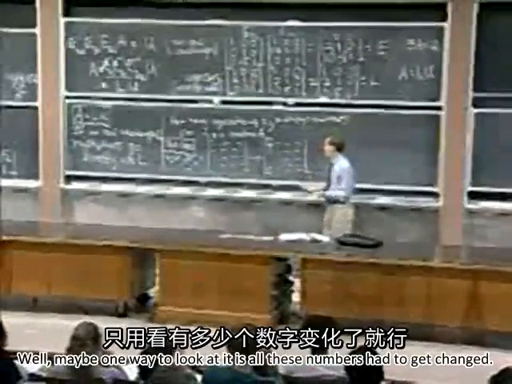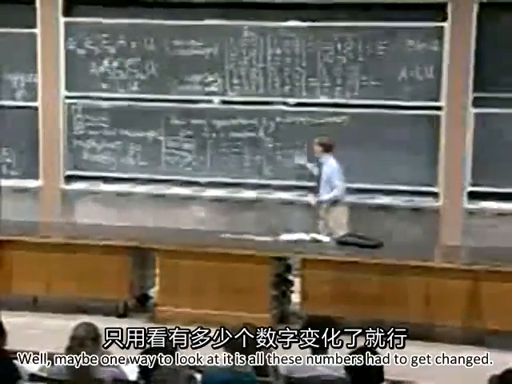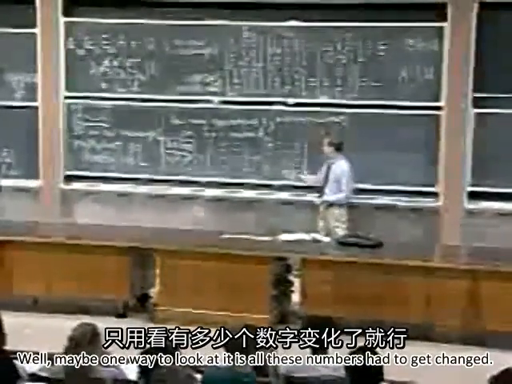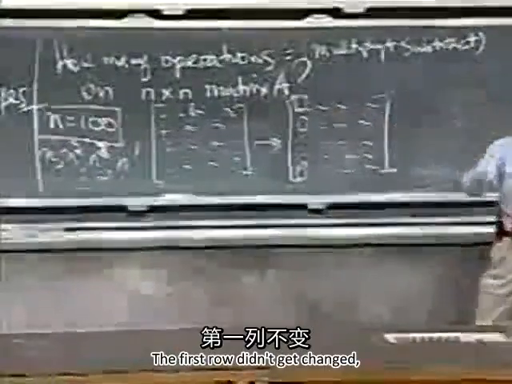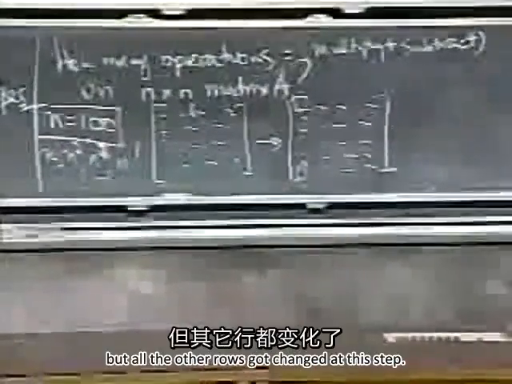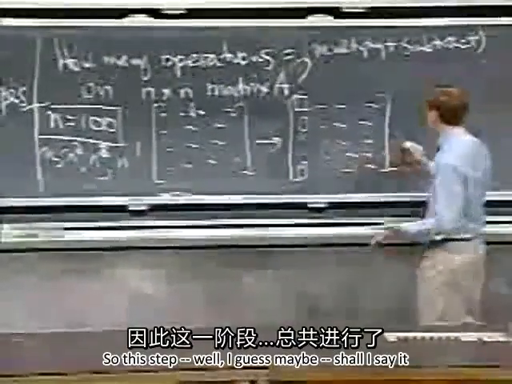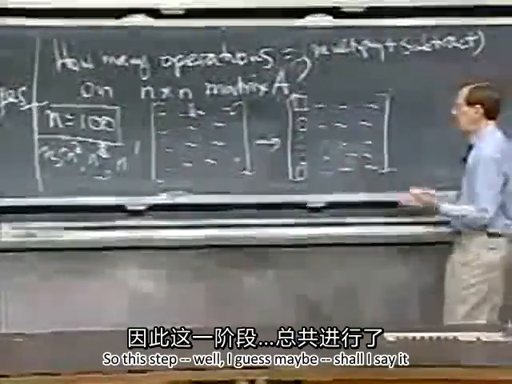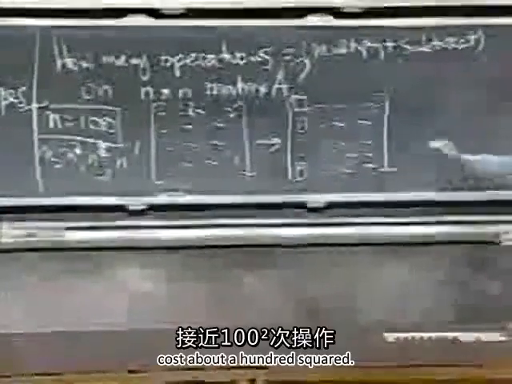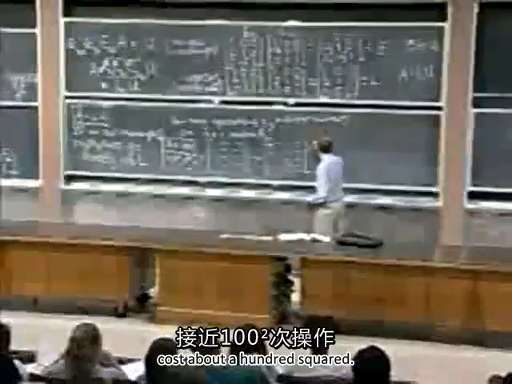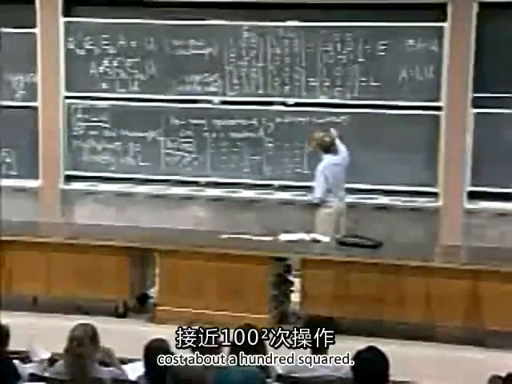Well, maybe one way to look at it is all these numbers had to get changed. The first row didn't get changed, but all the other rows got changed at this step. So this step, I guess maybe, shall I say this cost about 100 squared.